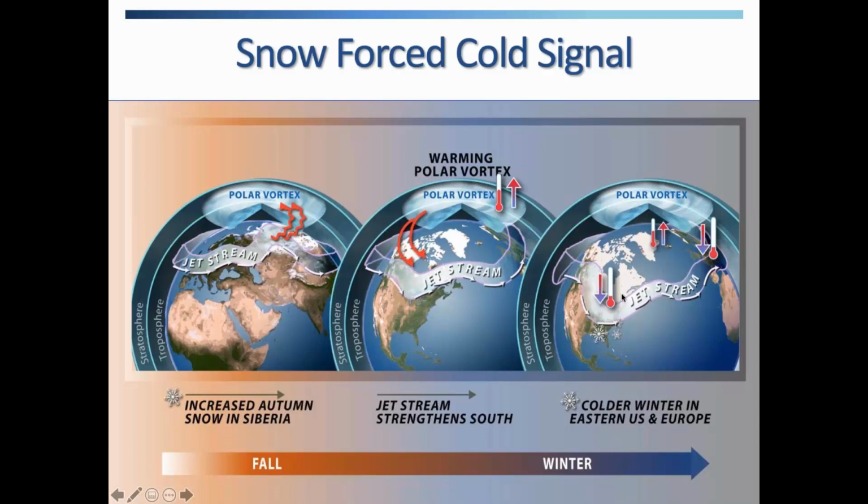So here's the finale. You get troughing and cold temperatures in the eastern U.S., maybe more snowstorms because the storm track has shifted off the coast, suppressed to the south. Similar things happen in Europe. But the impacts are focused throughout the North Atlantic Basin.